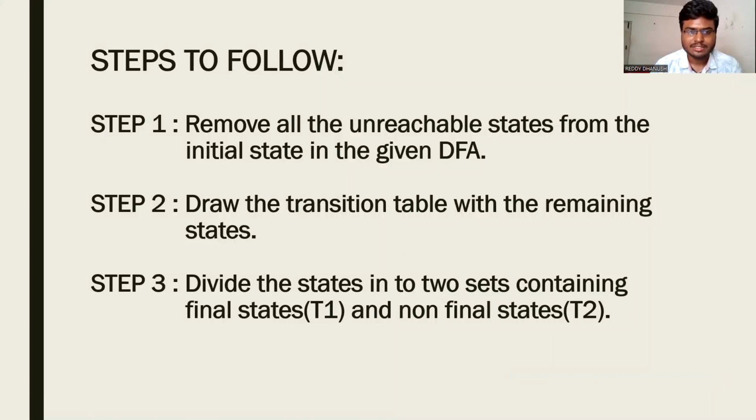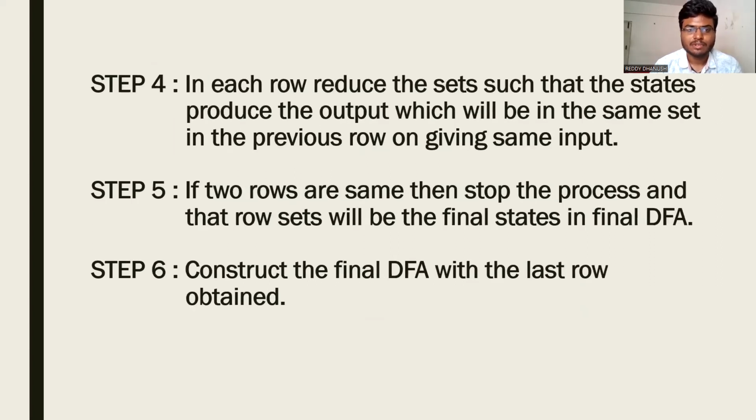And in step 3, we have to divide the states into two sets, a set containing non-final states and a set containing final states. And in step 4, we have to reduce these sets in each row such that the states in these sets will produce the output which will be in the same set in the previous row on giving the same input.